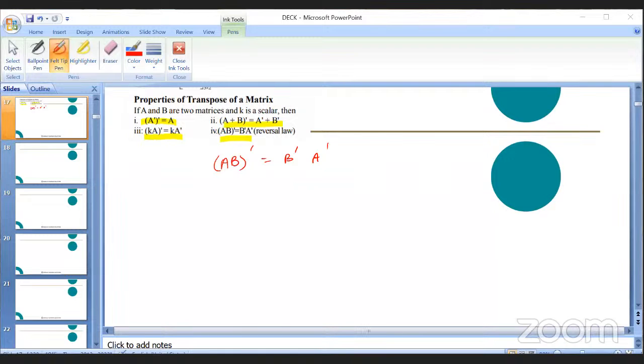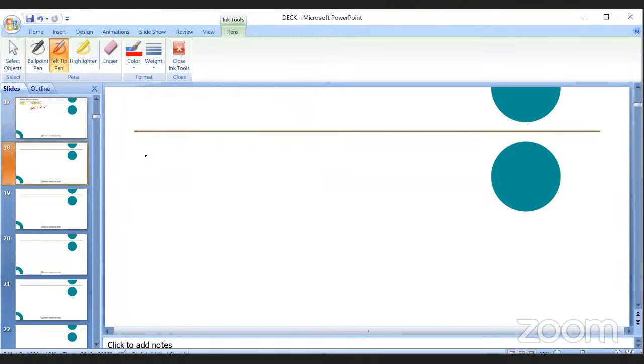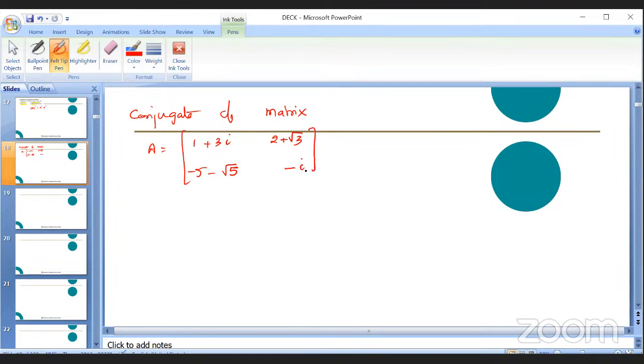The next is conjugate of a matrix. What do you mean by conjugate of a matrix? Conjugates usually you will see in square roots and complex numbers. Suppose A is having 1 plus 3i, 2 plus root 3, minus 5 minus root 5, and 0 minus i.